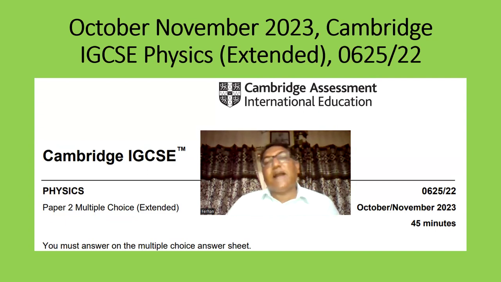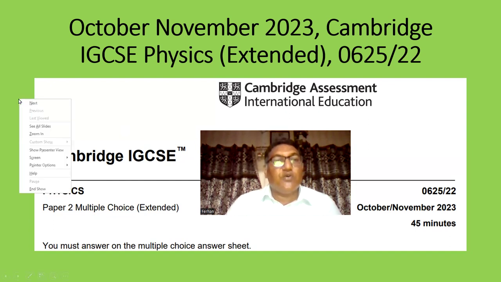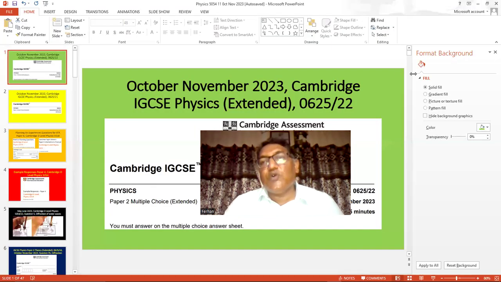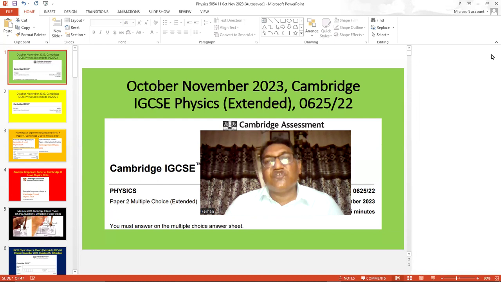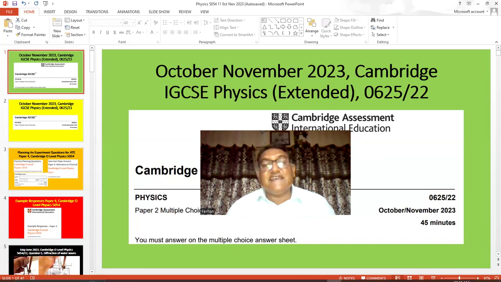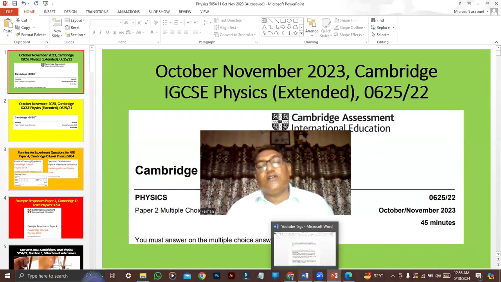So in this video, I'm going to present you the solution of this paper. And why are we doing this? We are doing this especially for our O-level students because we want to provide them more and more MCQ questions, and we want their background of study to increase because the IGCSE has questions on momentum, questions on diffraction, questions on space physics.